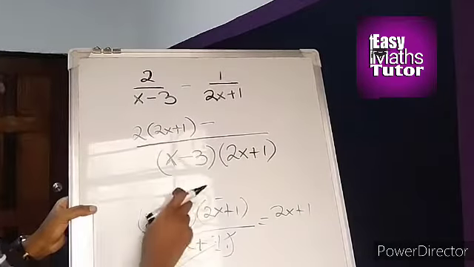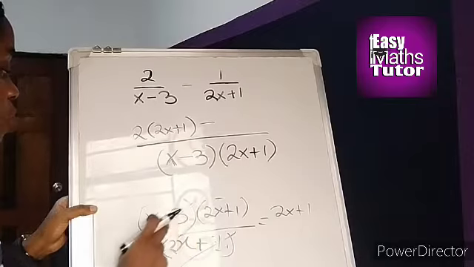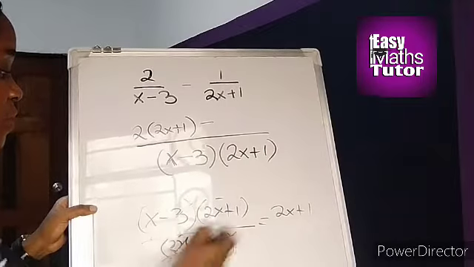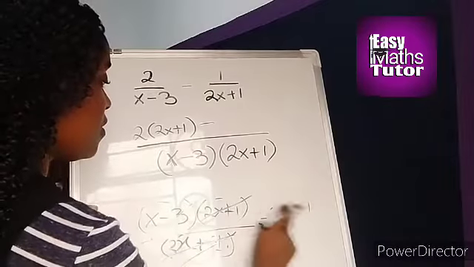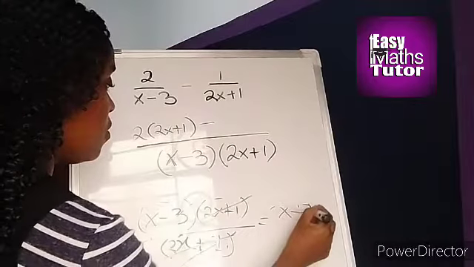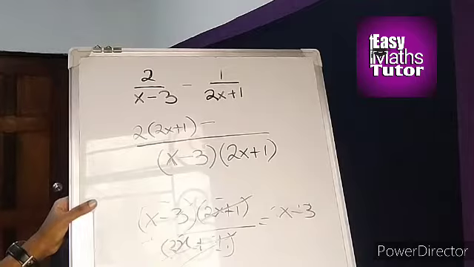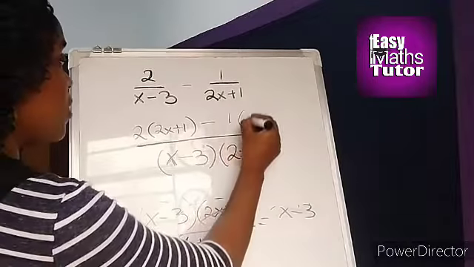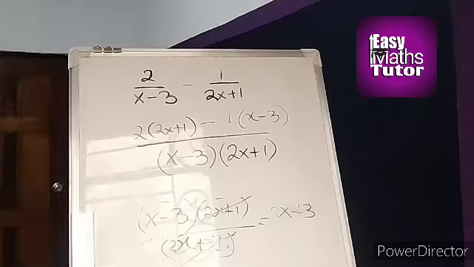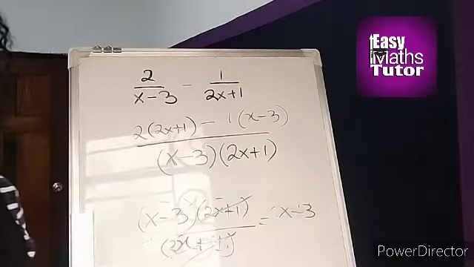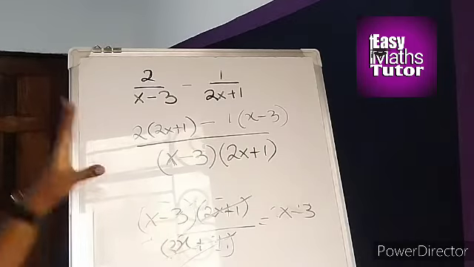This will cancel this out, leaving us with x minus 3. So we're going to have 1 times (x minus 3). So we have our subtraction.